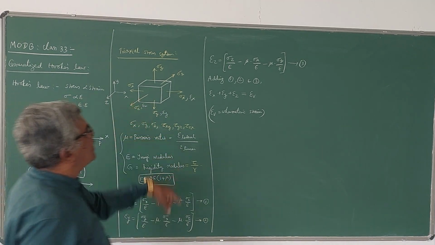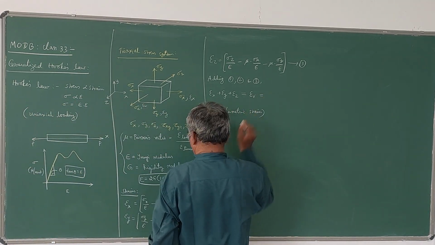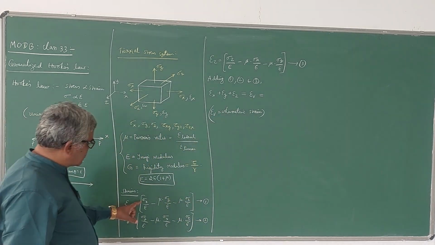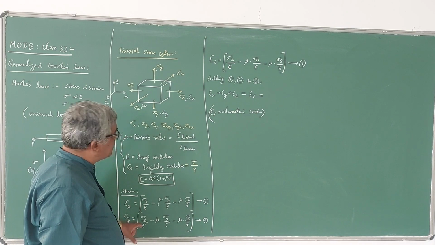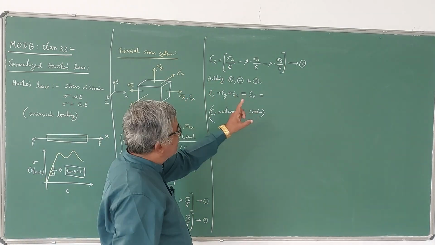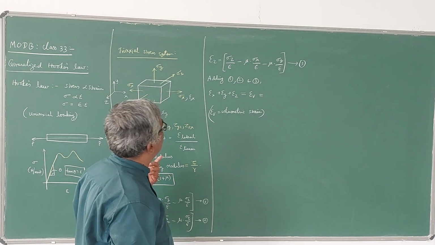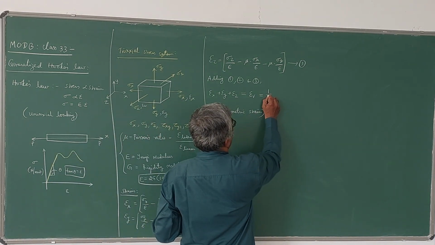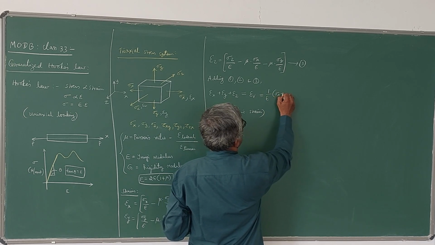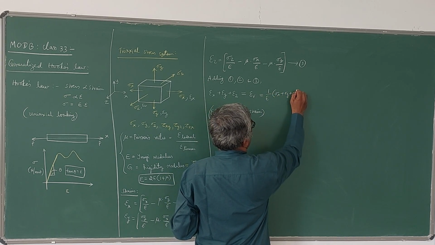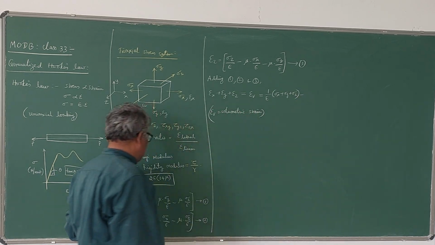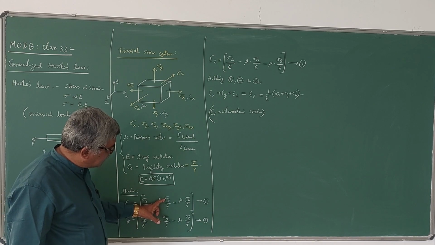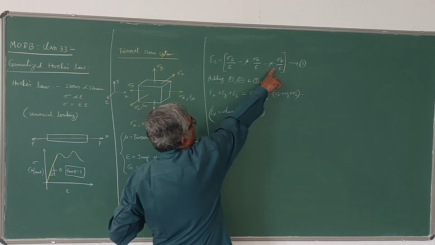So, when you add the RHS, you can see some of the terms are common. So, sigma x by E plus sigma y by E plus sigma z by E. In that I can take E outside and it becomes sigma x plus sigma y plus sigma z. So, what I can write here is 1 by E into sigma x plus sigma y plus sigma z. This is what I get, minus in other terms. Here you can see minus mu times sigma y by E is here and it is also here.